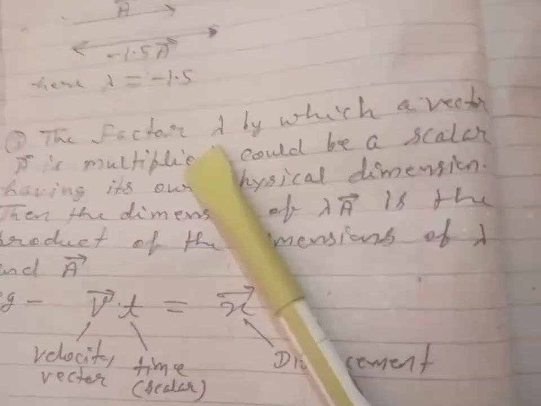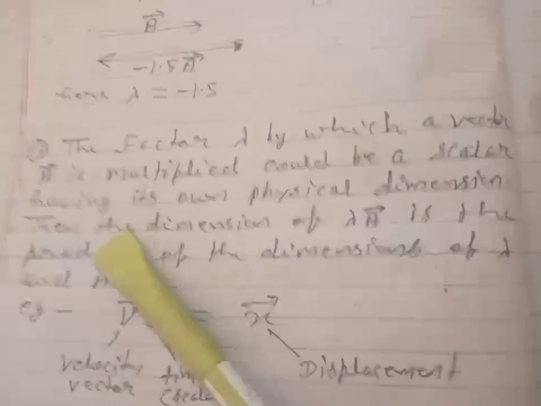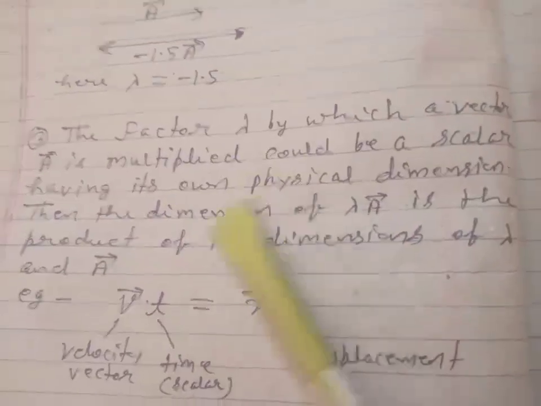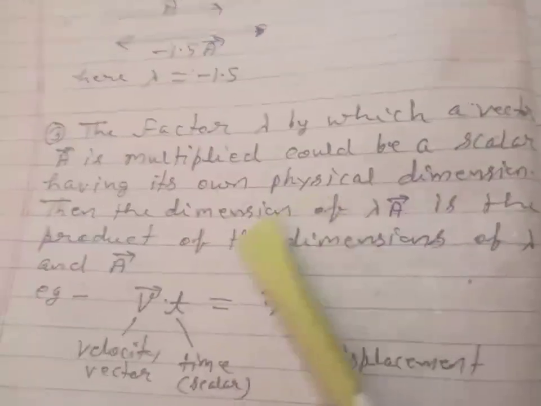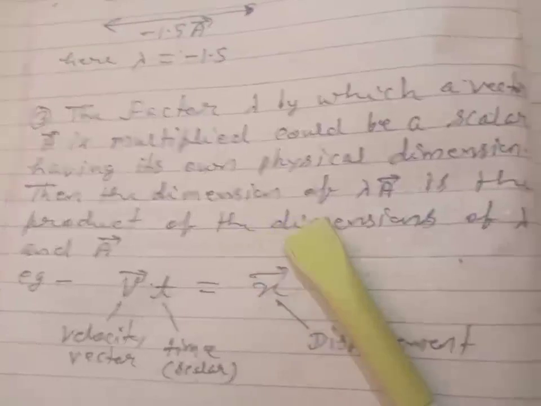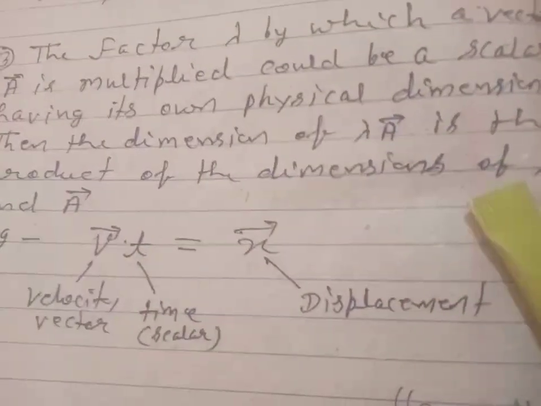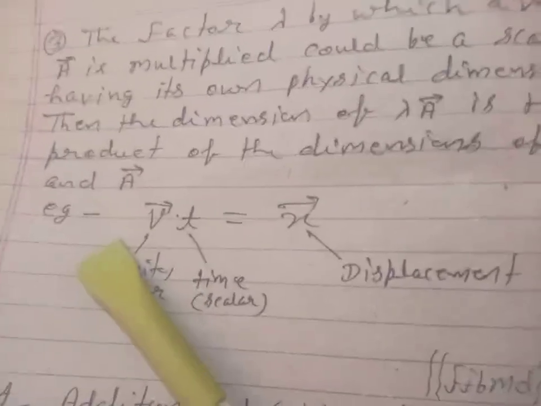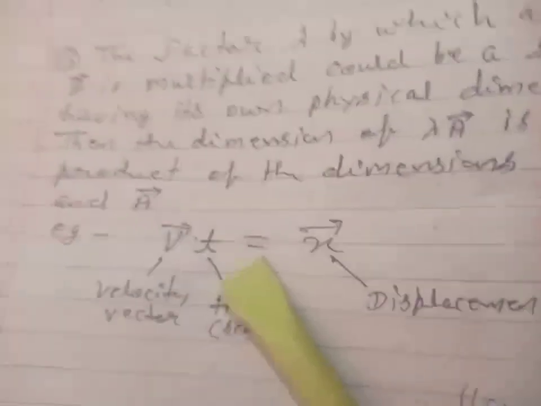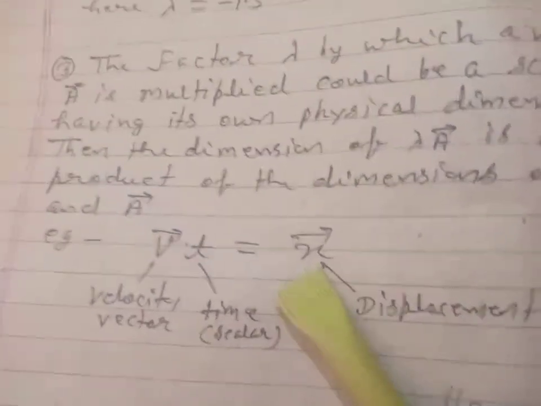Three: the factor lambda by which a vector is multiplied could be a scalar having its own physical dimension. Then the dimension of lambda A vector is the product of the dimension of lambda and of vector A. For example, here we are multiplying V vector with time. Here time is a scalar, and the result comes out to be X vector.